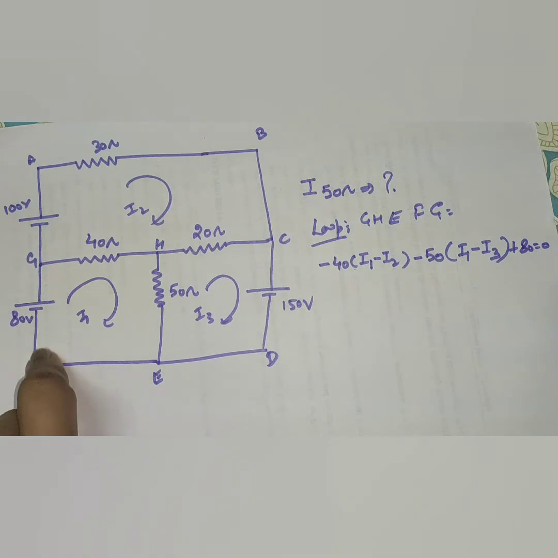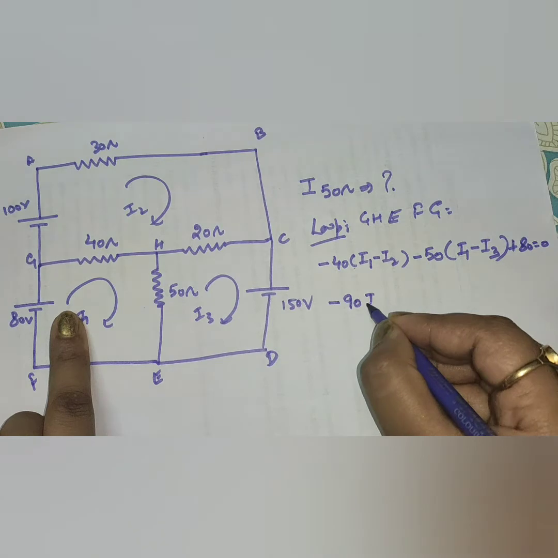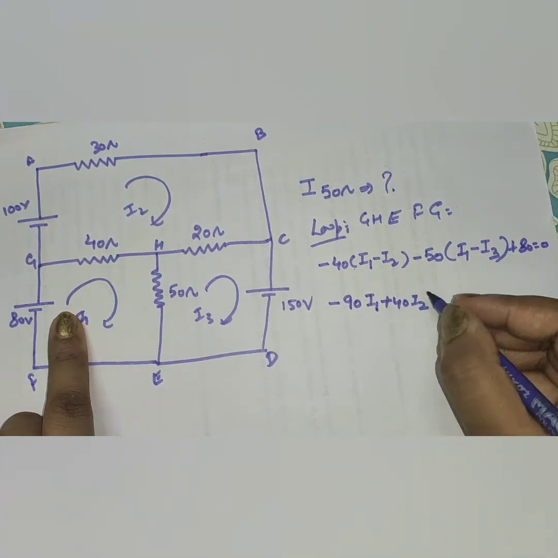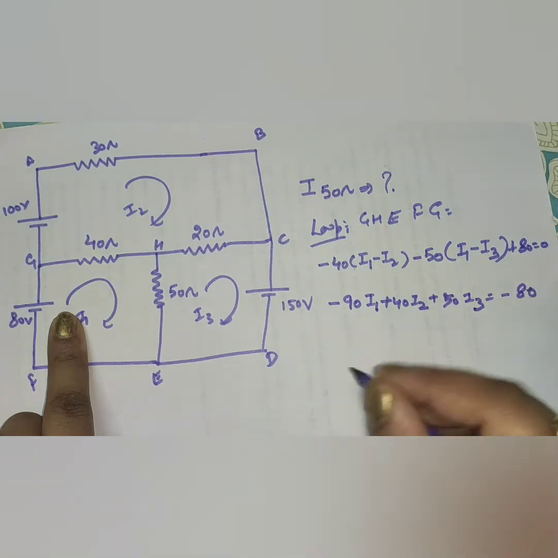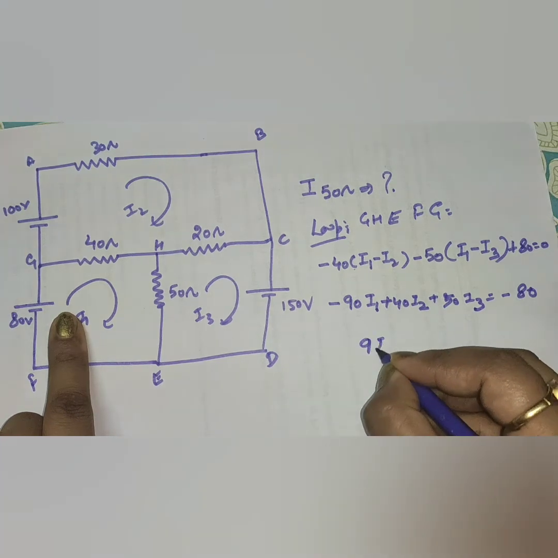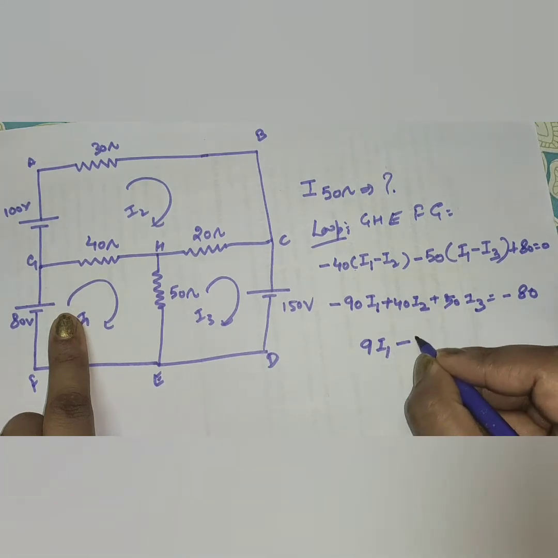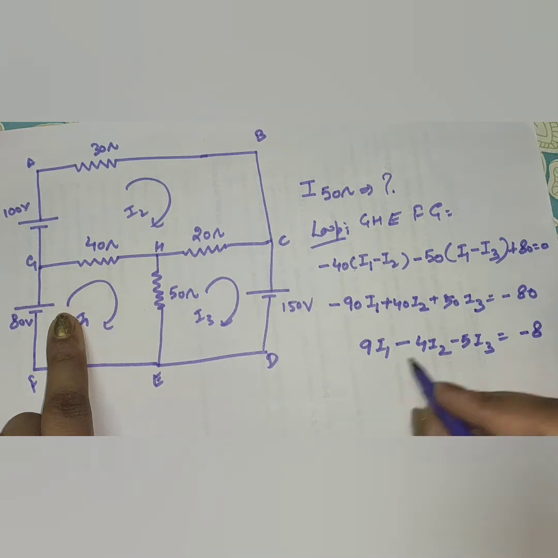If we solve this, minus 90 I1 plus 40 I2 plus 50 I3 equal to minus 80. Taking 10 common, we get 9 I1 minus 4 I2 minus 5 I3 equal to 8. This will be our first equation.